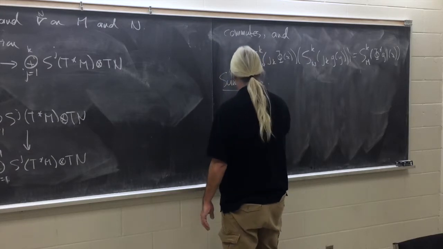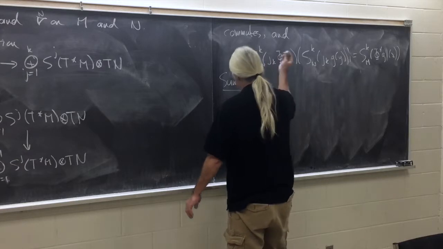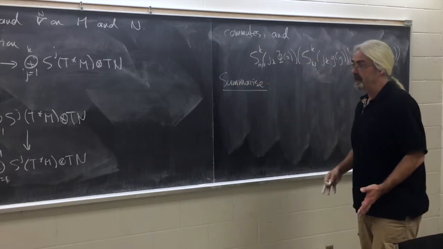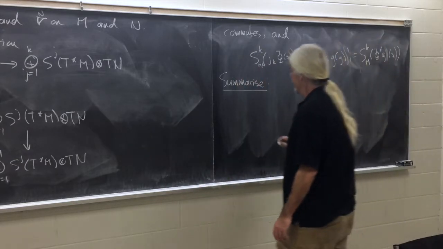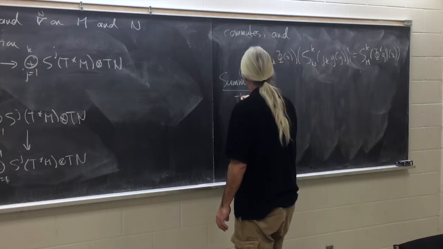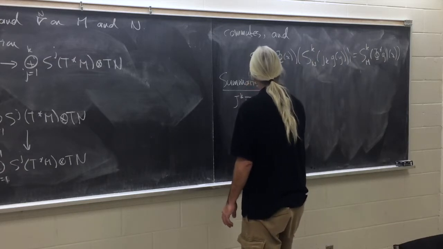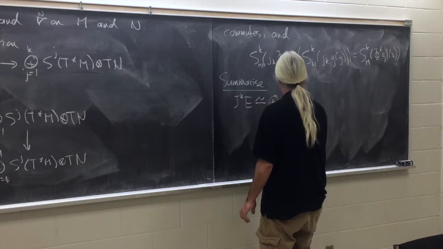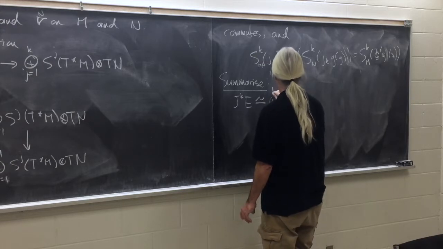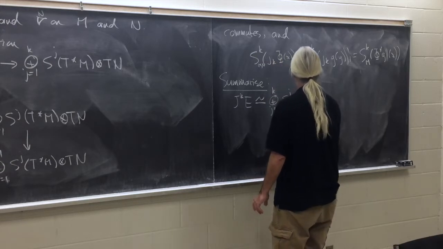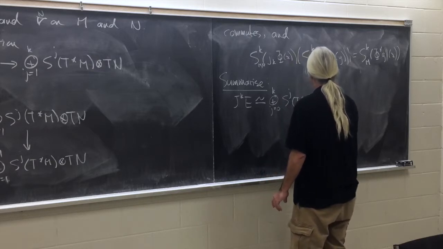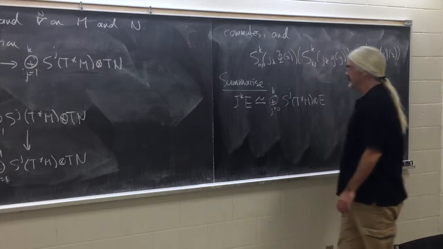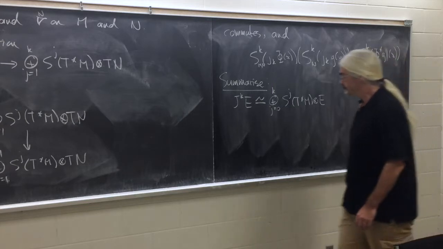So we have bijections or isomorphisms. Let me just say structure preserving bijections like this. For the vector bundle case, we have that.